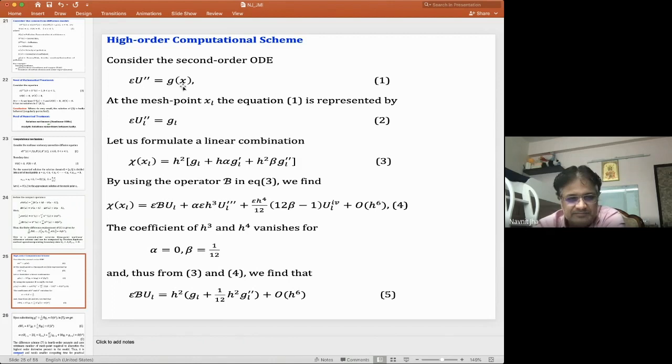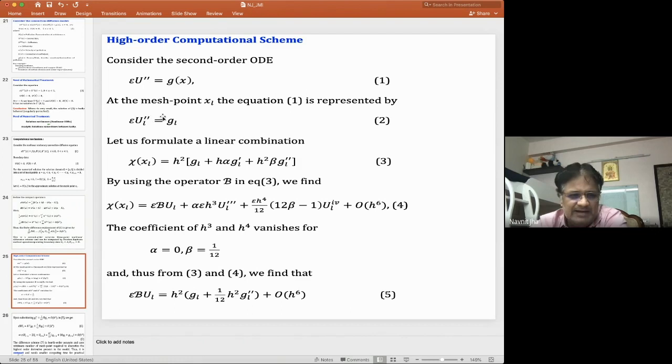And we will develop a high order scheme for this second order non-homogeneous equation. And based on that formula, we extend that scheme to obtain a high order formula for the nonlinear problems. So this is for understanding purpose.